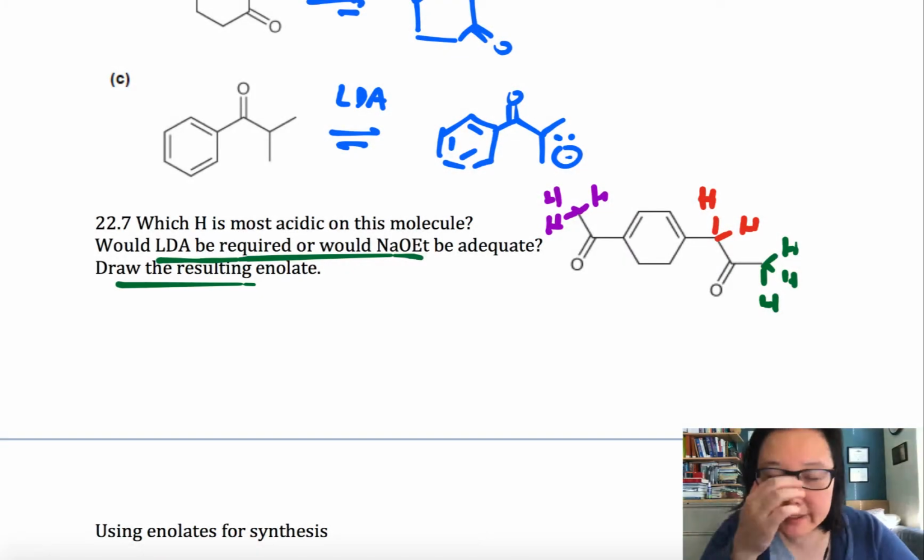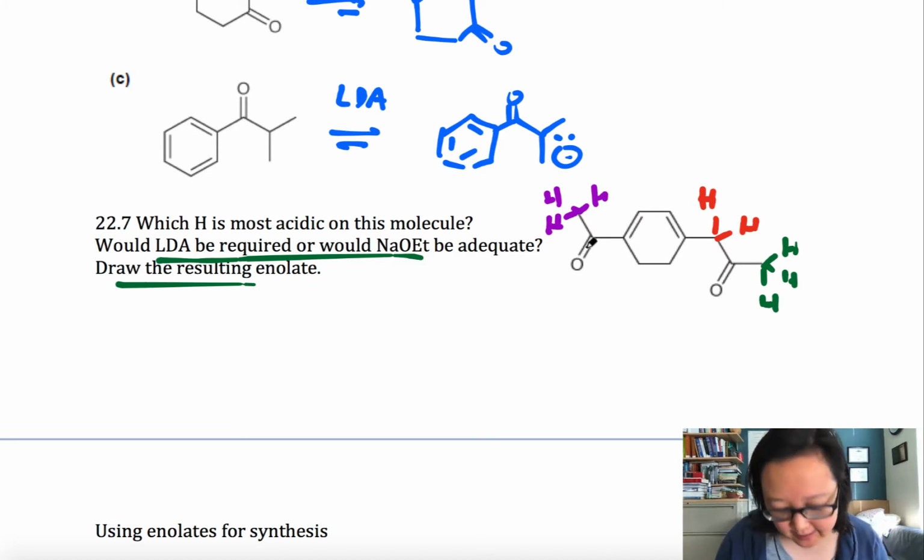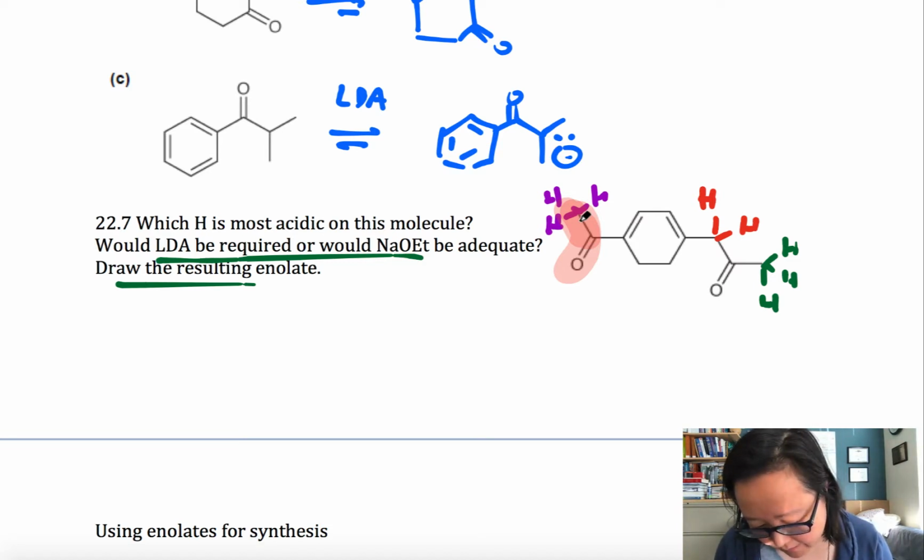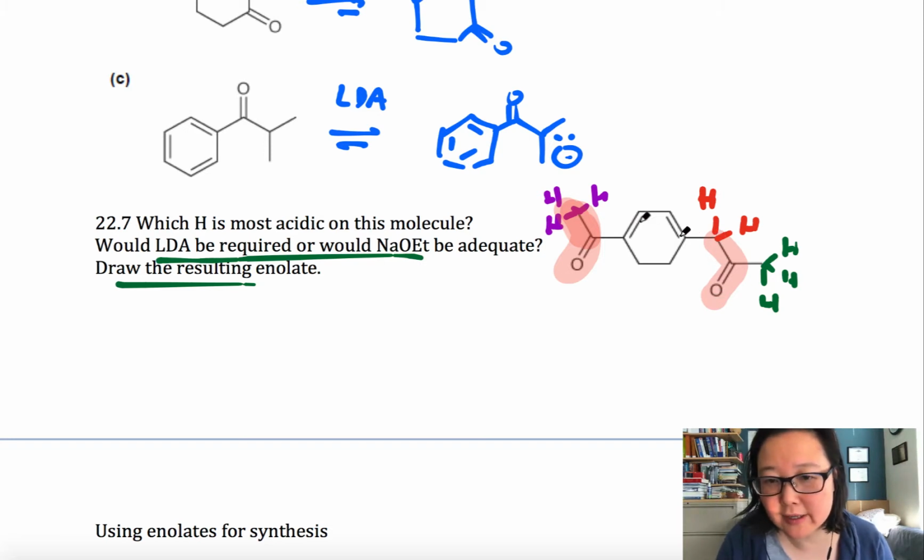All right, for this one, you really need to understand resonance. So if I deprotonate here, I'll end up with a resonance structure that spans this side of the molecule here. So that's nice. But if I keep going over here, if I have the enolate, it will also go into the carbonyl. But hopefully you saw that it will also resonate into this side of the molecule as well, because it's conjugated throughout this whole system.